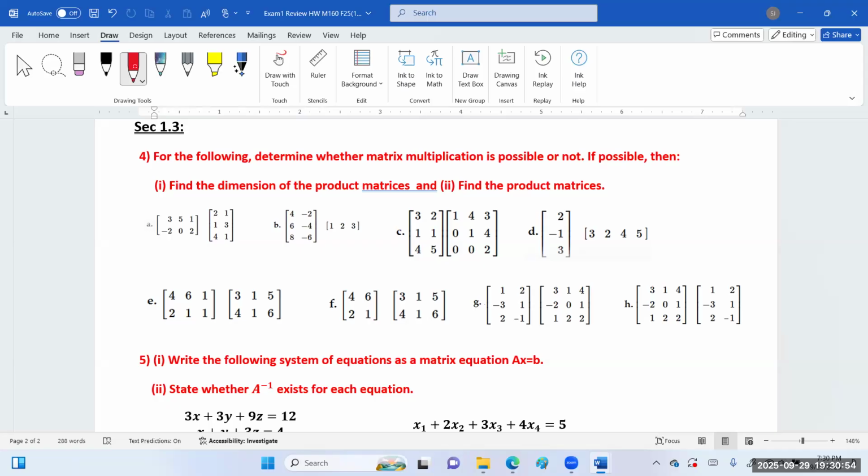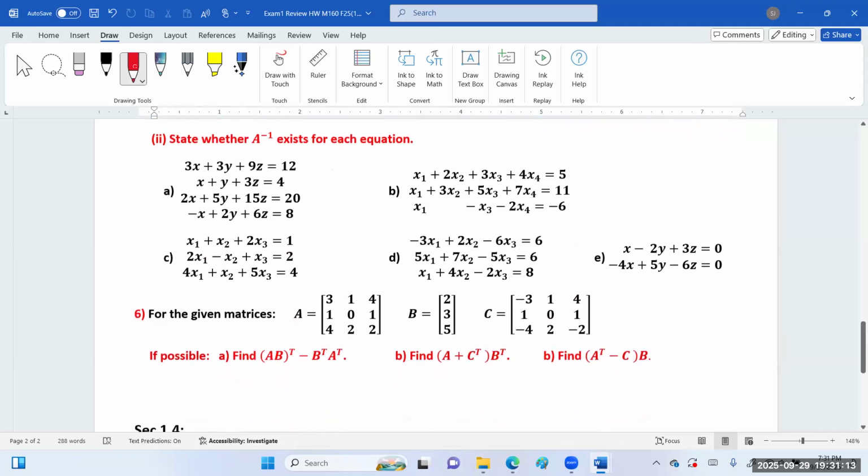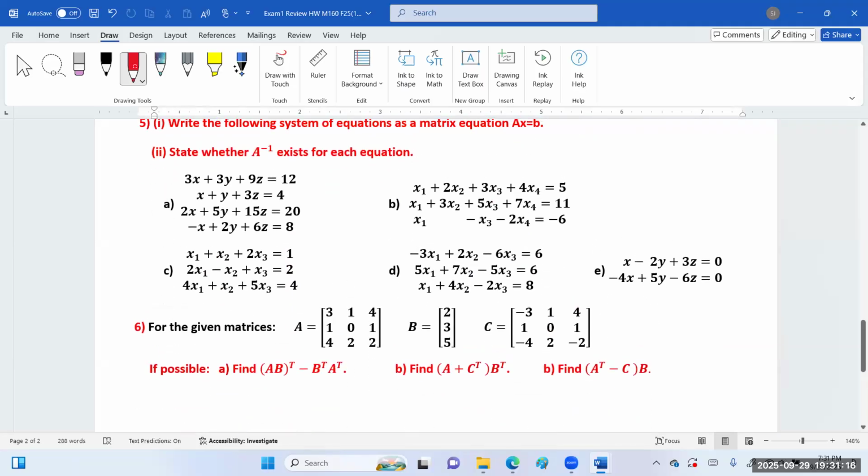If it's multiplicable, then what's the dimension for the product? And then find the product. So in the exam, I'm going to give you a few of these for part 1 and 2. And for the multiplication, you're going to do other questions. For example, here, on question number 6, you're going to multiply them. Question number 5 has 2 parts.